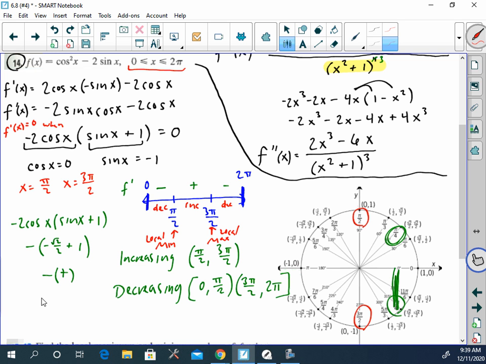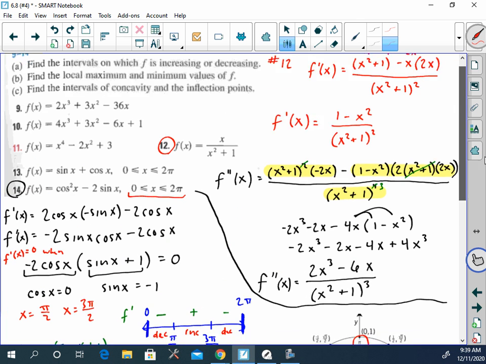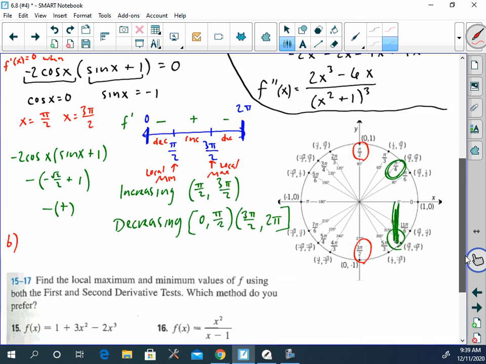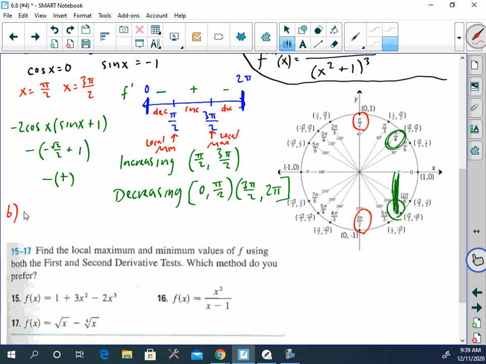Okay, so for part B, I'm just kind of piggybacking off of that there. Find the local max and min values of f. So we know that there's a local min at x equals pi over 2. And to find the value of that, we're going to plug it into the equation, right?